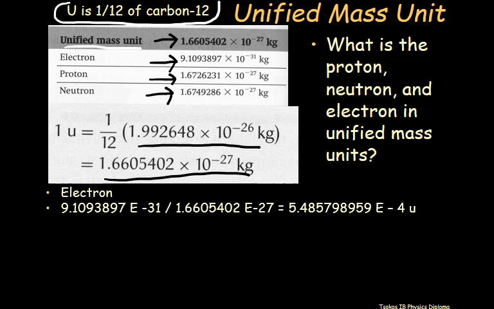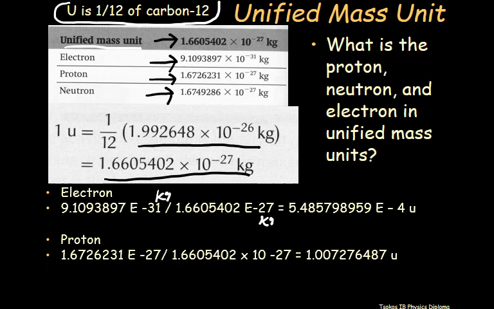Okay, and if we convert our electrons to unified mass units, we can do that. We have electrons in kilograms, and then we divide by our unified mass unit, since one U is this many kilograms. So this is the atomic mass unit for an electron. For the proton, we can write this down as well. It'd be good to write each of these down.